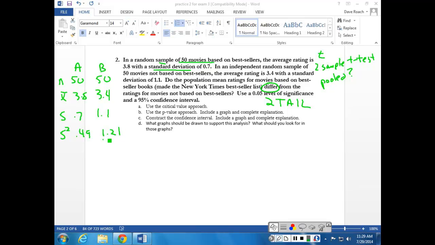And this is more than twice that. Therefore, you cannot pool. So this is going to be unpooled. Neither variance is greater than or equal to twice the other variance.